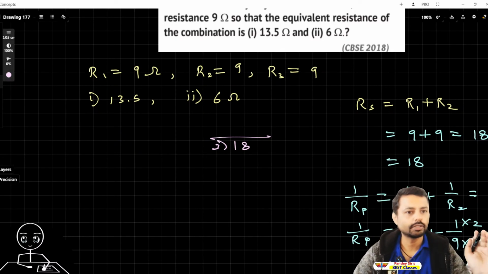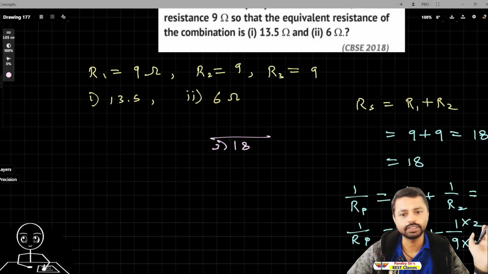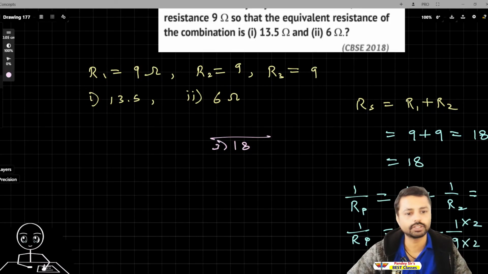There is still something missing. Can you guess what is missing in this? We are very close to the answer. Very close. But what is that missing thing? Can you say? Try once.